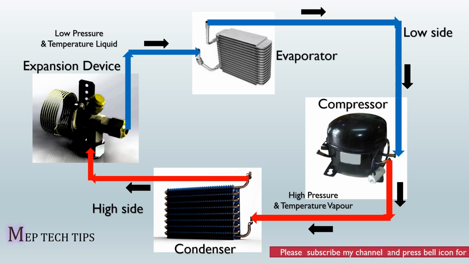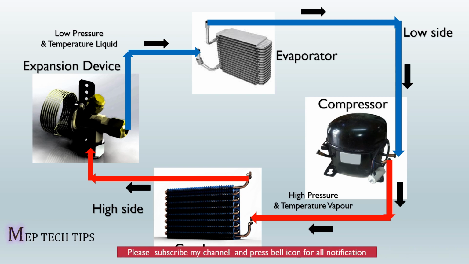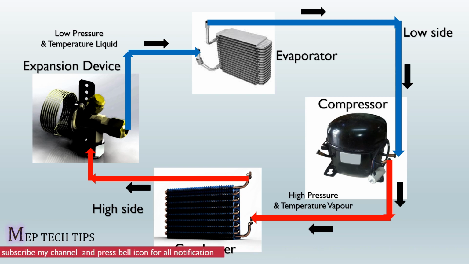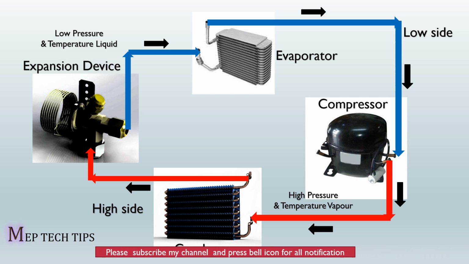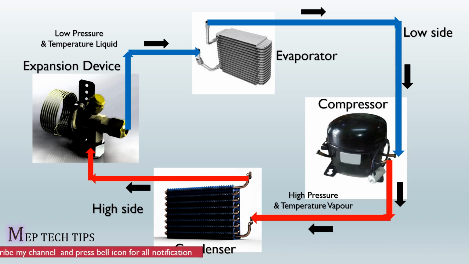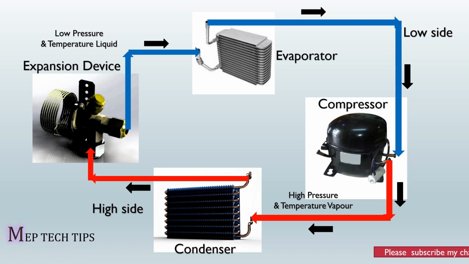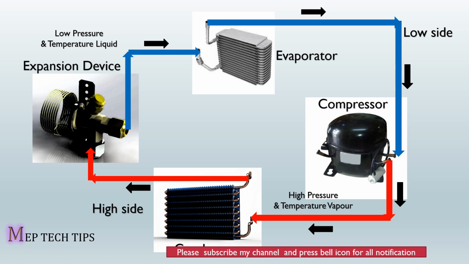That is why this is called a condenser, because the refrigerant got condensed from vapor to liquid, and the condensation takes place here. Change of phase happens at constant temperature and pressure.